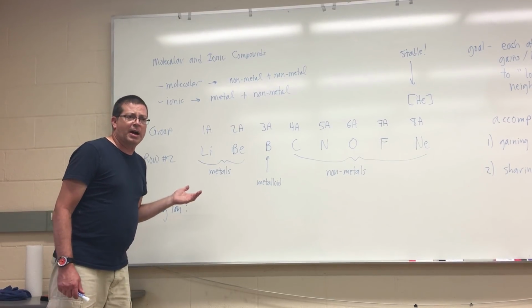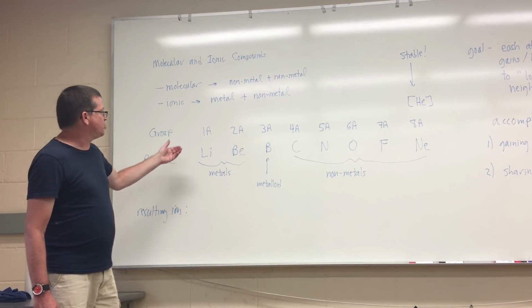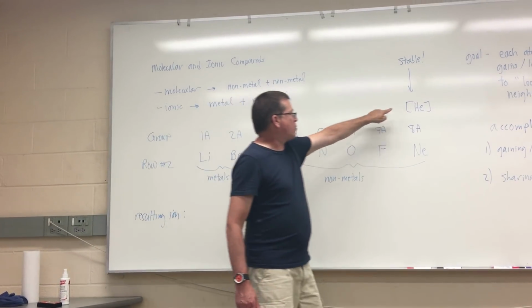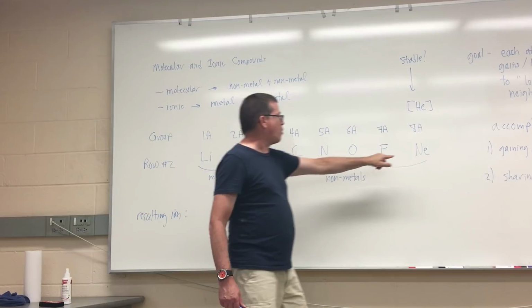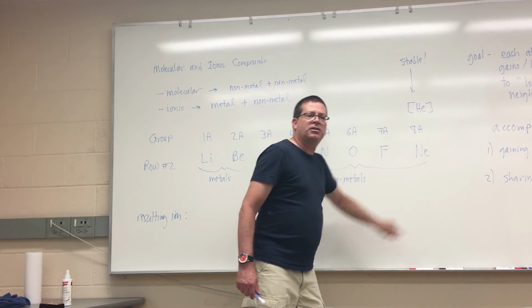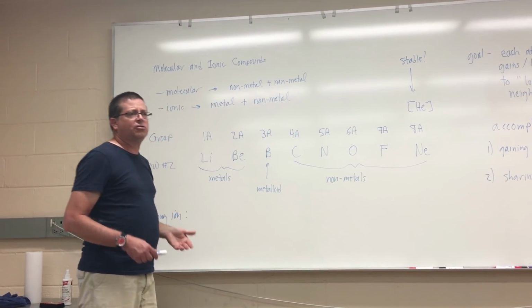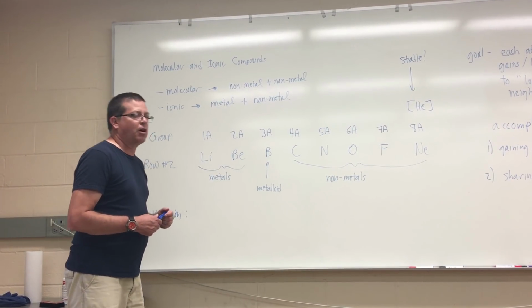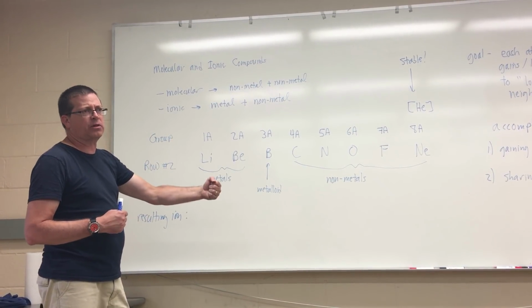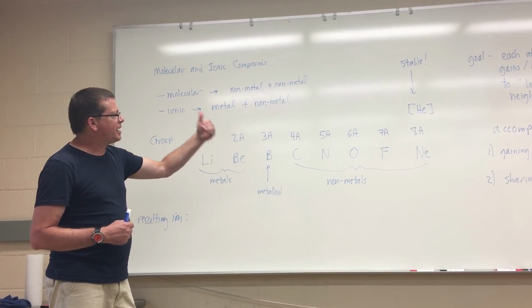Now, lithium has two options. Lithium can either lose one electron to go backwards and look like helium, or it can gain 7 electrons to go forwards to look like neon. So in this particular case, it's a lot easier to lose 1 electron than it is to gain 7 electrons. So as a result, I'm going to take an electron away from lithium to make it look like helium.